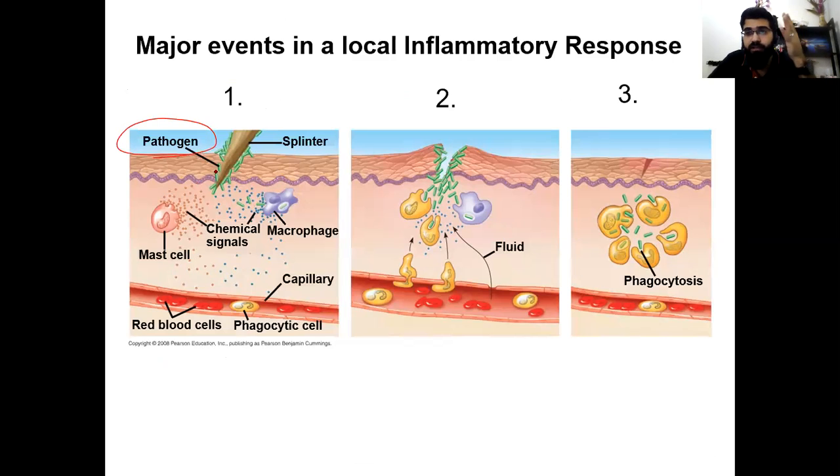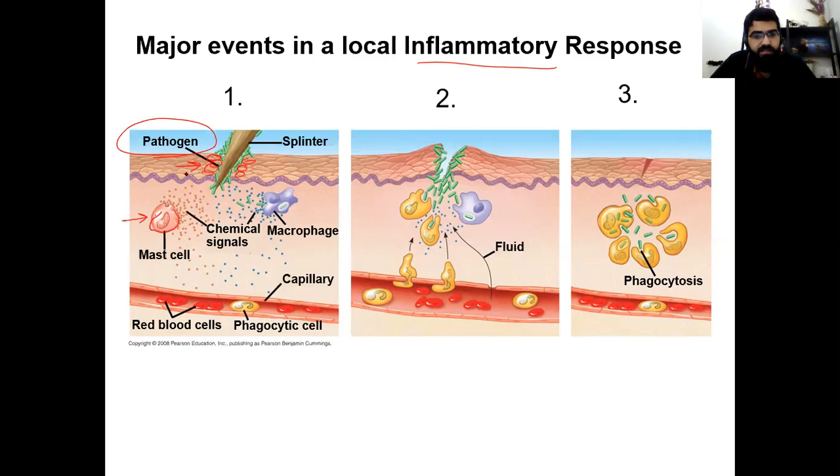The injury allows the pathogens to cross this barrier, right? So here, the inflammatory response works. How? Do you see these damaged cells? In addition to mast cells, do you see the mast cells in the image? We have mast cells here, and we have damaged cells here.